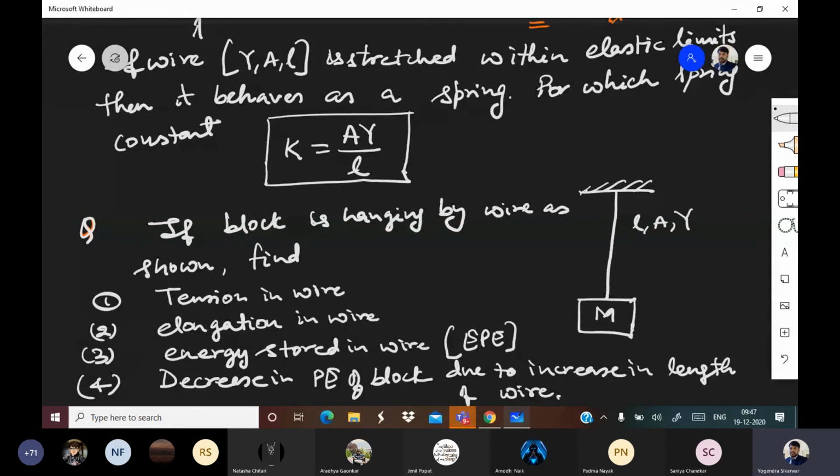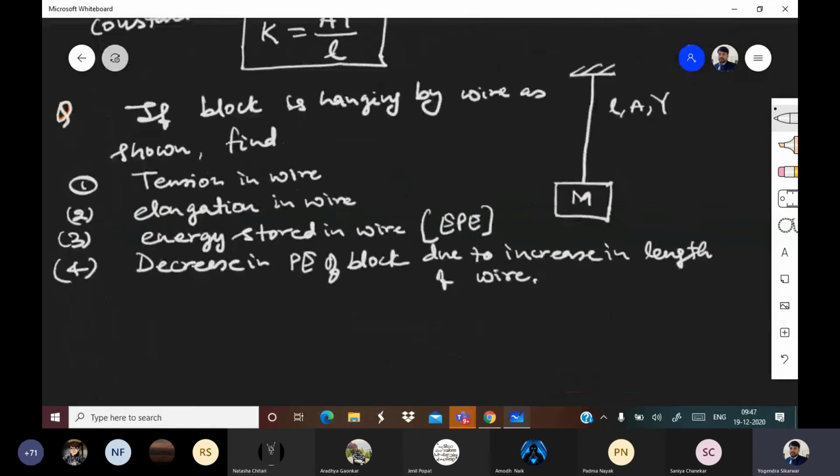But in this chapter, as we are dealing with the concept of stretching, forces, extension in length, first time I am mentioning clearly that length is increasing, and we are trying to find how much it is increasing. Okay, so do that.